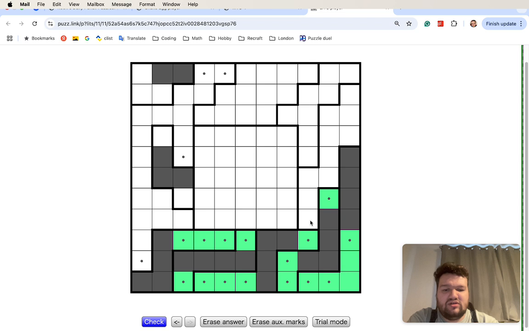Now if I shade this cell, this will be an L that touches this L, which is bad. And if I shade anything below this point, I will have this 2x2 square, so all of those must be unshaded, which is great.